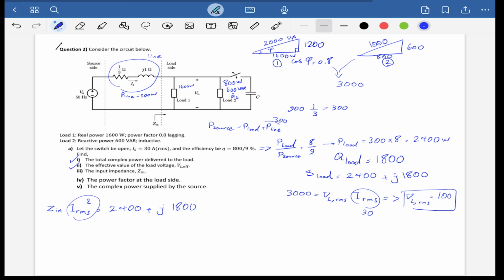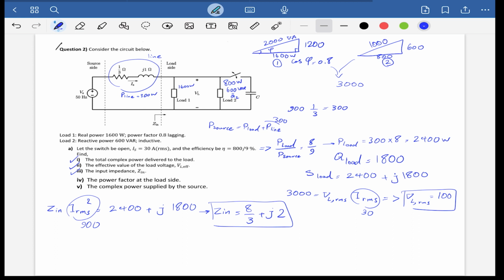We know this is 900. So from here, Zin should be 8/3 plus J2. This is also found in part 3.